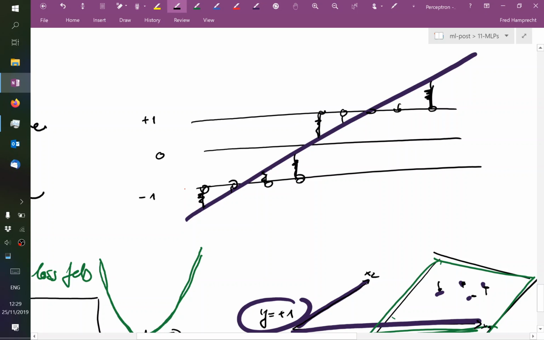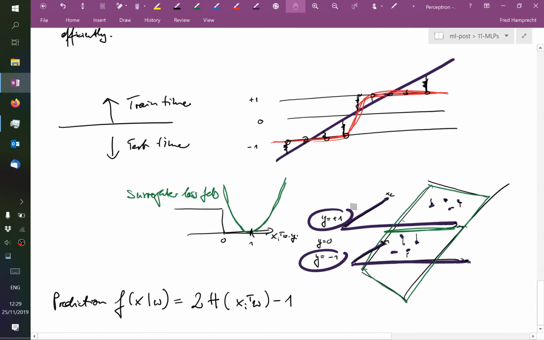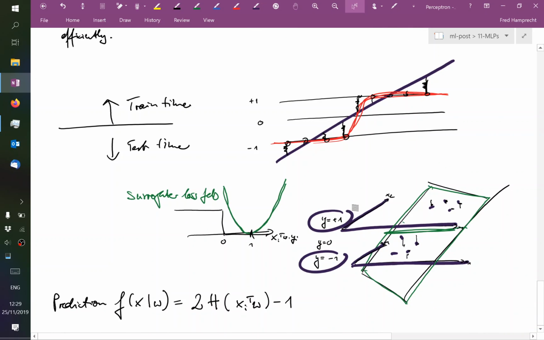I still get this tension in my system, even though the two classes are linearly separable. Hence, it would be much nicer to use a system such as this, which is what you were discussing last week, logistic regression. And then I can ask again, what does logistic regression look like in terms of the surrogate loss here? Well, it looks like this, and it has all the good properties, except, unfortunately, it's not convex.